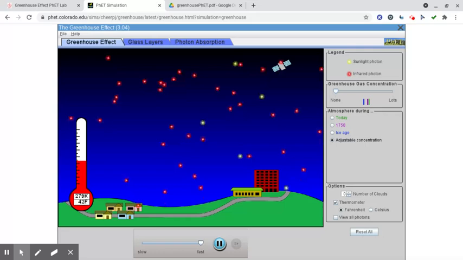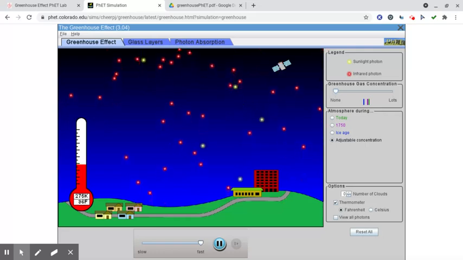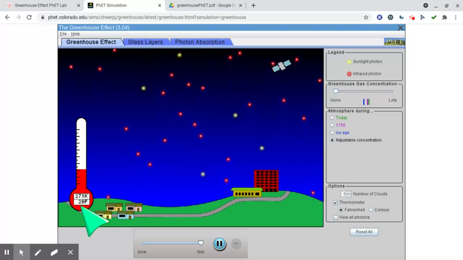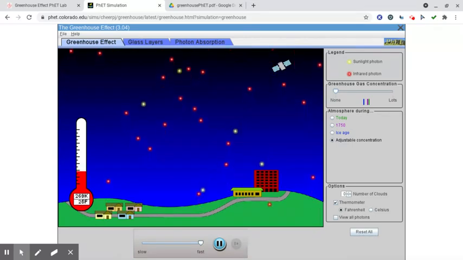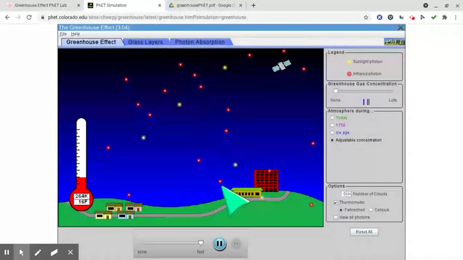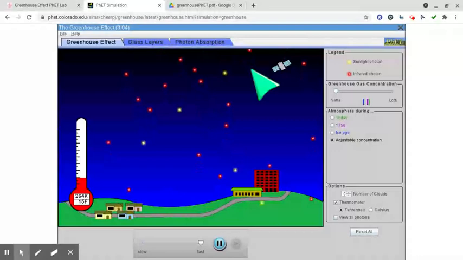What do you notice? Look at that temperature, the average daily temperature here continues to drop. Sunlight is coming in, but heat is just leaving. It's not staying. I guess that's something we should really point out too.